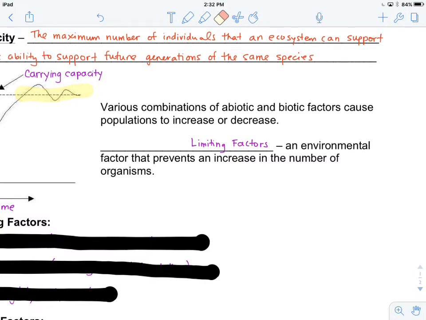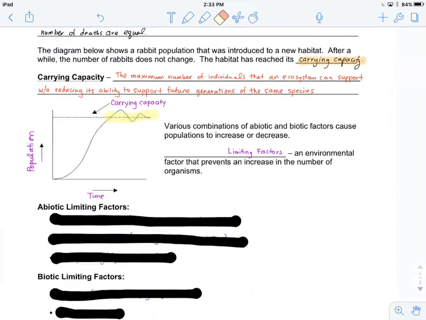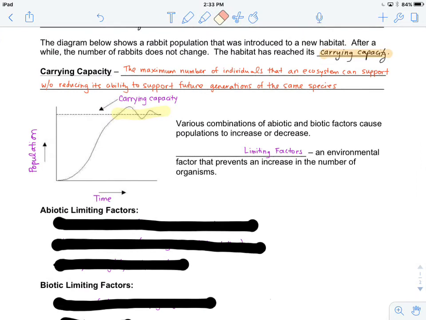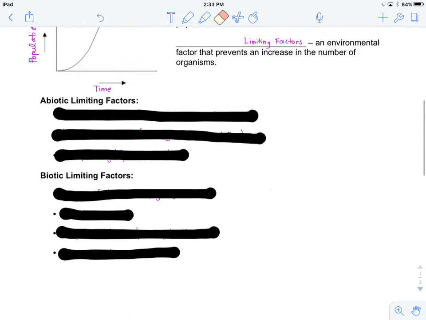Sometimes, however, humans mess things up, and we need to impose factors as well, like things like hunting, etc., etc. Sometimes, if a population's getting too out of control, humans will step in and help to regulate so that populations don't get too big. Unfortunately, there's also things that humans do that make populations get too small. And we'll talk about some of those as we talk about sustainability.